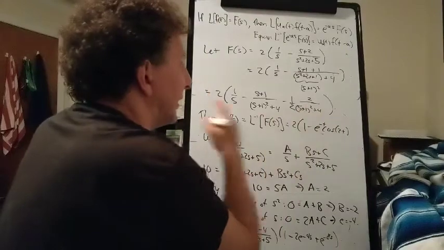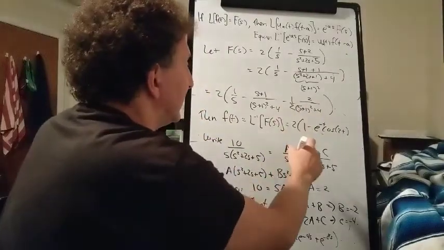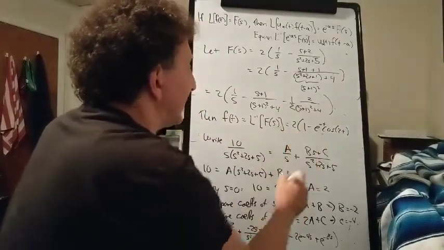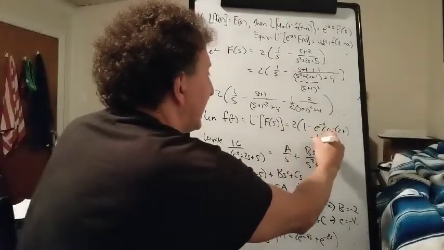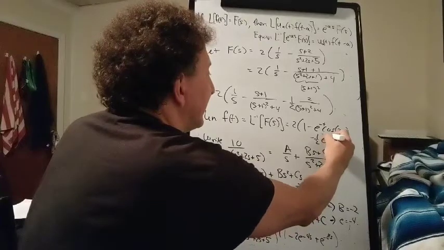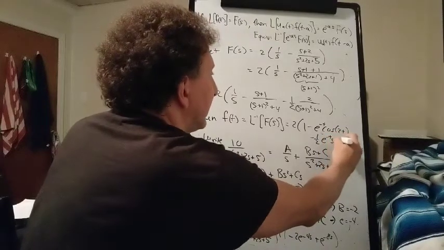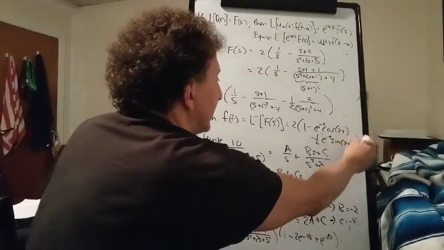And then this looks like sine of 2t, but times e to the negative t by the first shifting theorem, and we've got a coefficient of minus 1/2. So minus 1/2 e to the negative t sine of 2t.